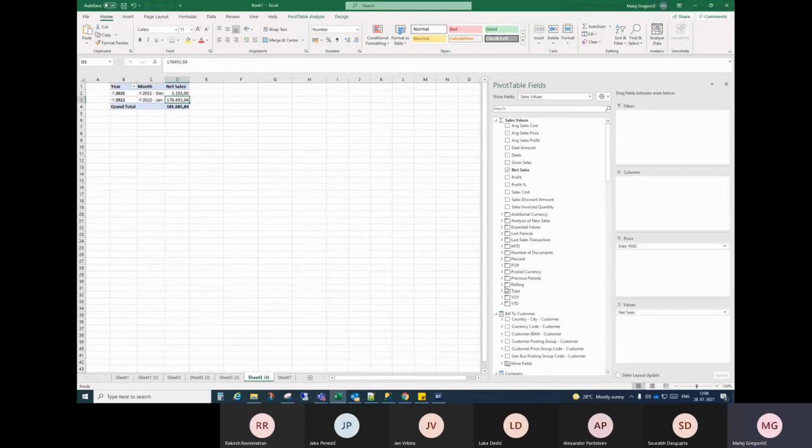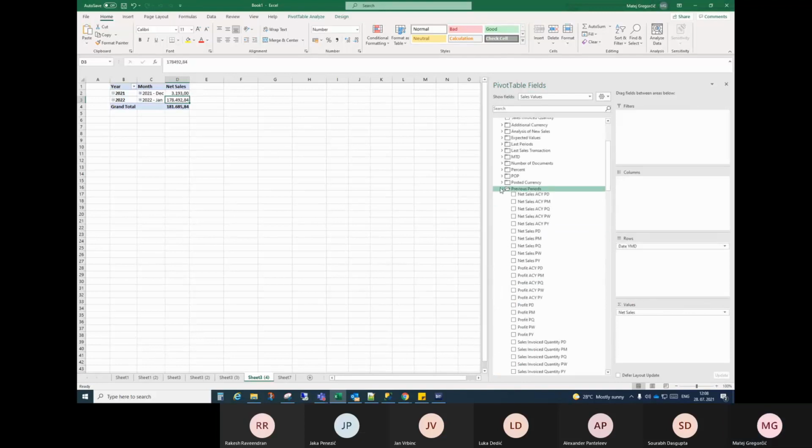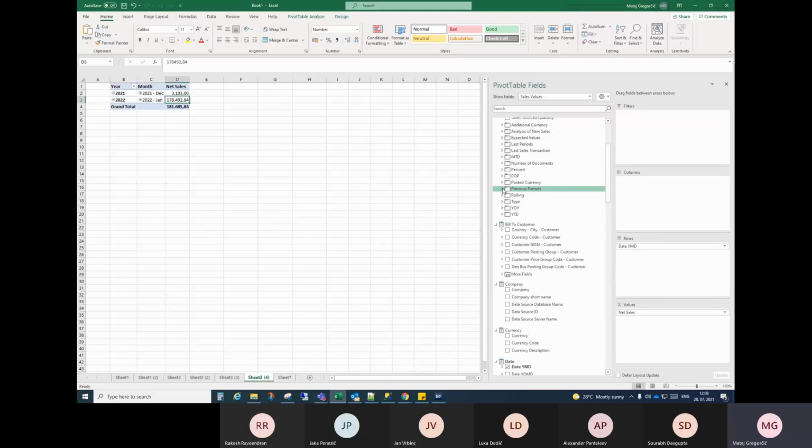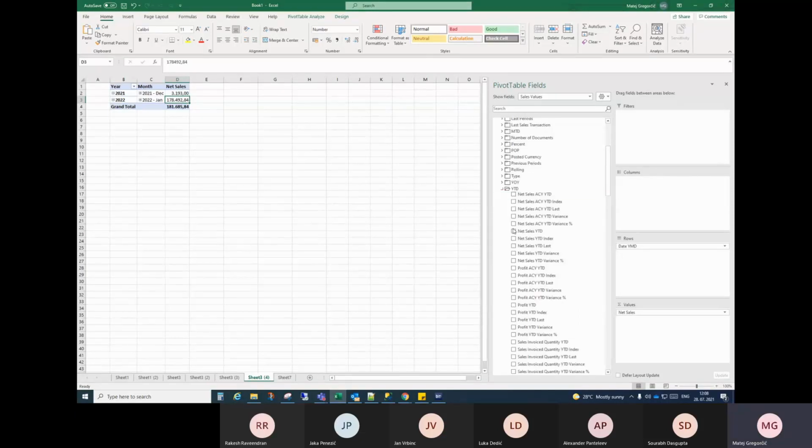So what do we have here? Previous periods, we have last periods. Maybe year over year or year to date. That will be a good one. Net sales year to date.